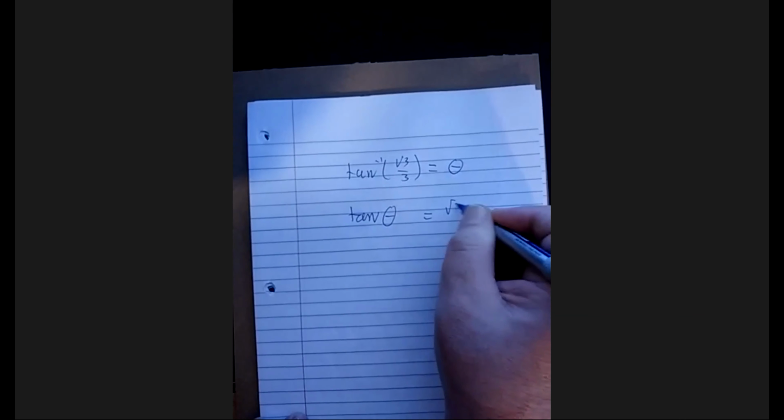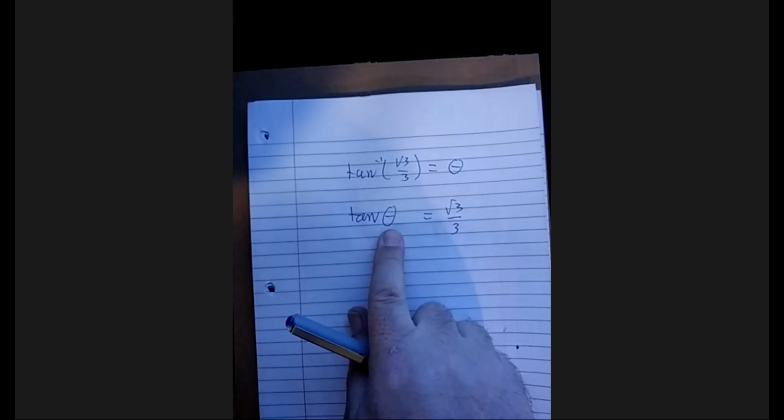Tan inverse of root 3 over 3. Okay, so I'm going to call that theta. A lot of people find it easier to see the question in this format because it's more obvious that you're looking for an angle whose tangent is that.